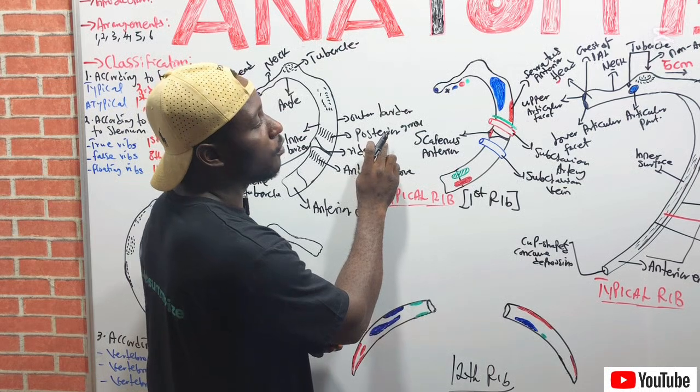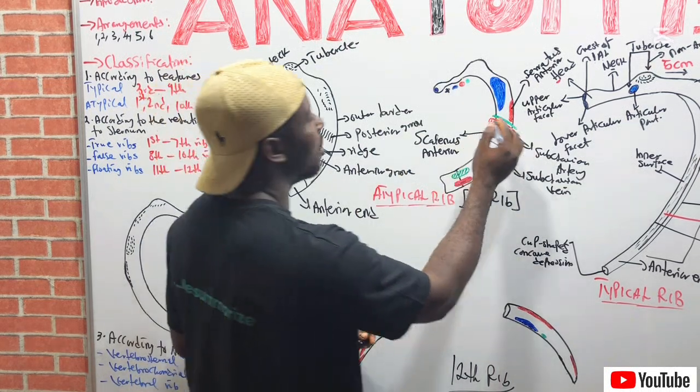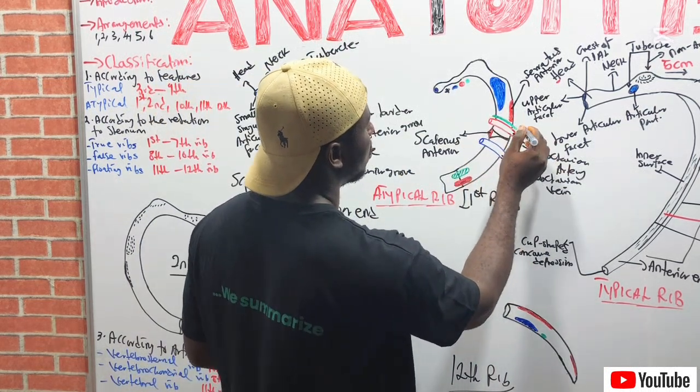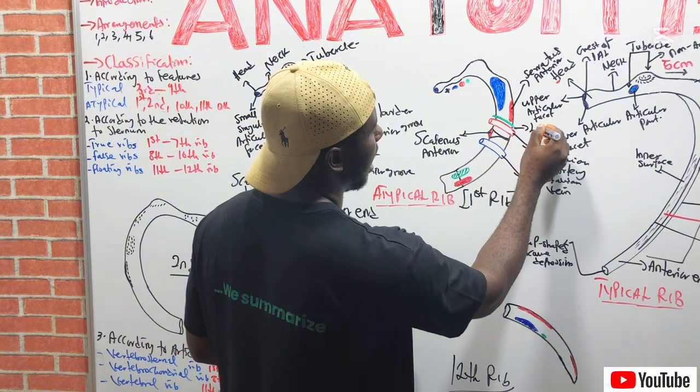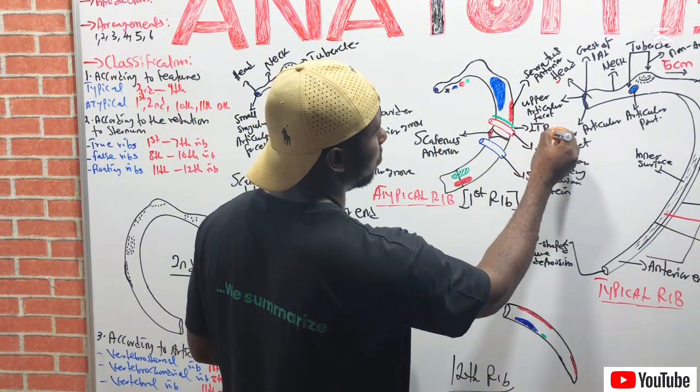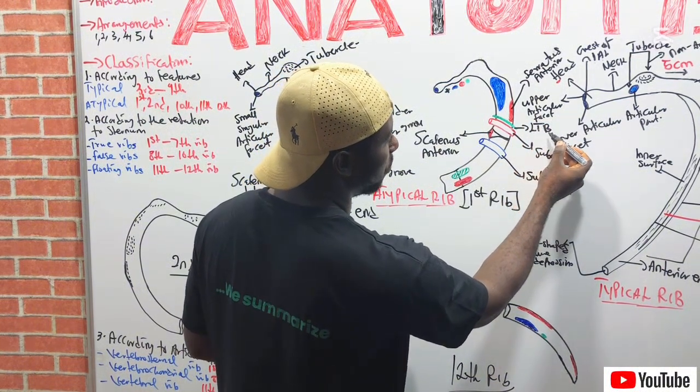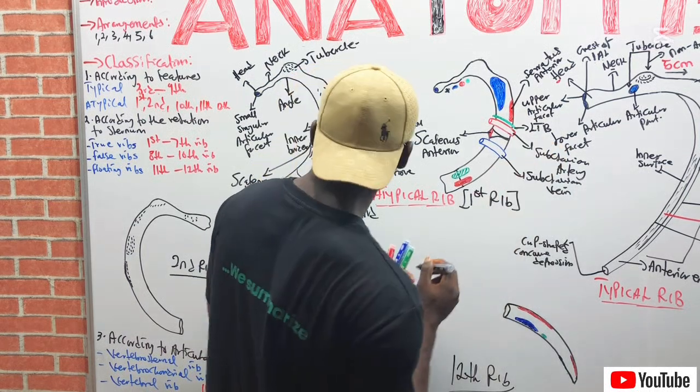The posterior groove also lodges the lower trunk of the brachial plexus. Look at it here.